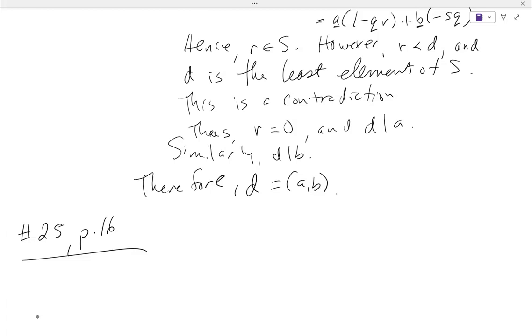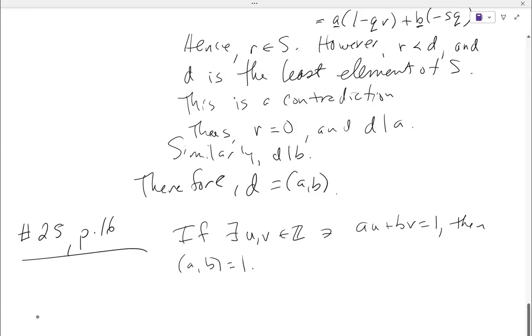So 25 says that if there exist U and V such that AU plus BV is 1, then the GCD of A and B is 1. That's actually part A. We'll get to part B in a second.